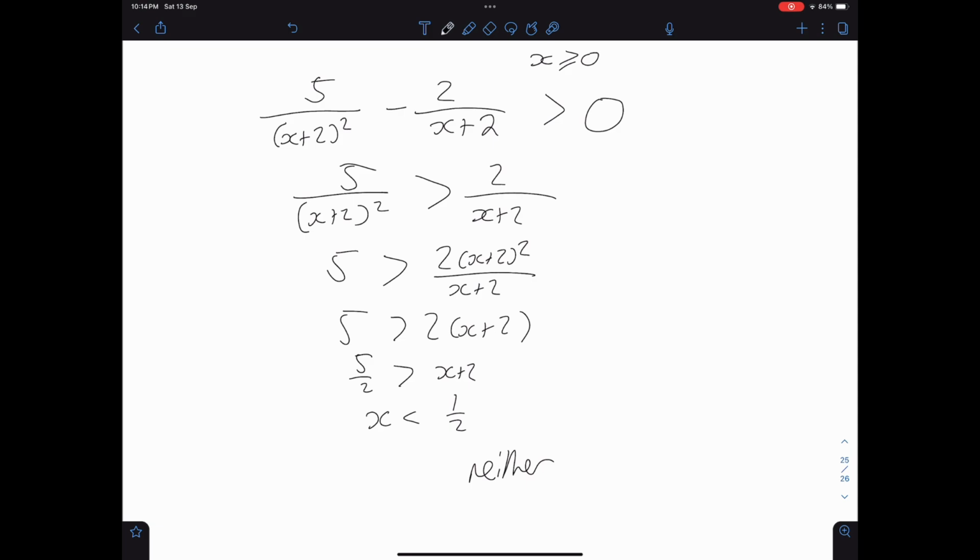And if you remember in the rational inequalities video, you find the critical points when it might cross 0, and that can help in this situation.